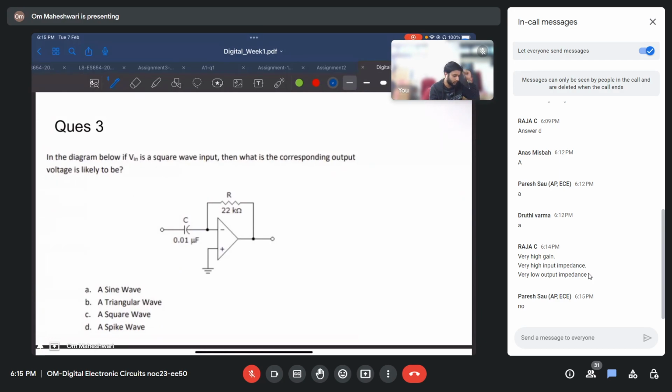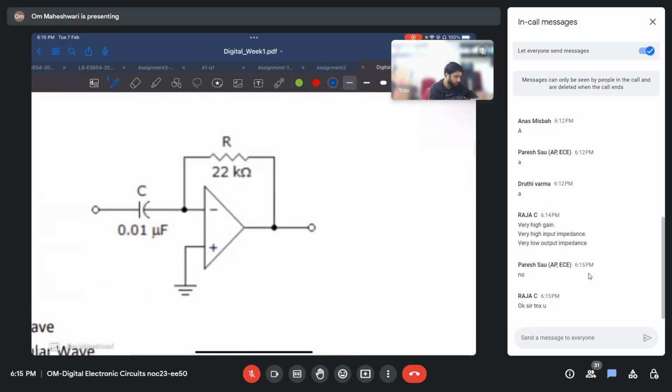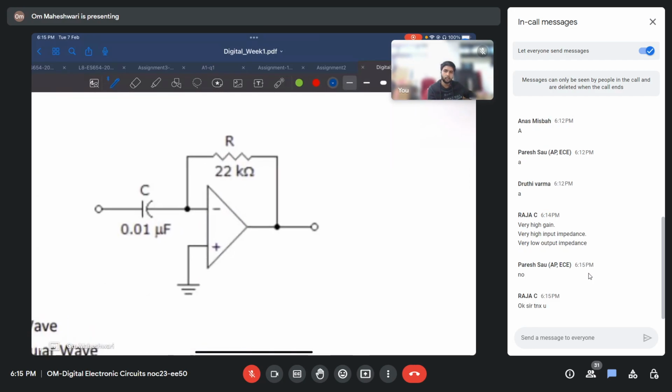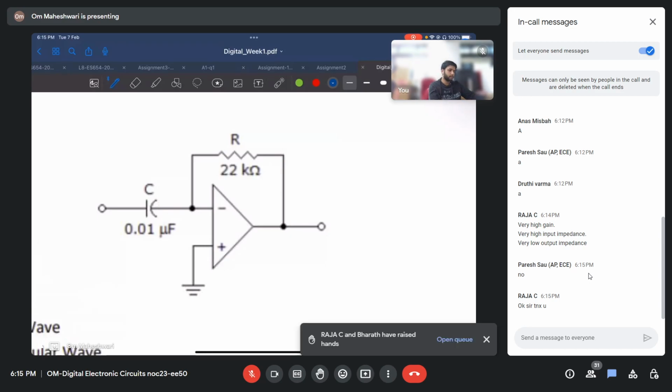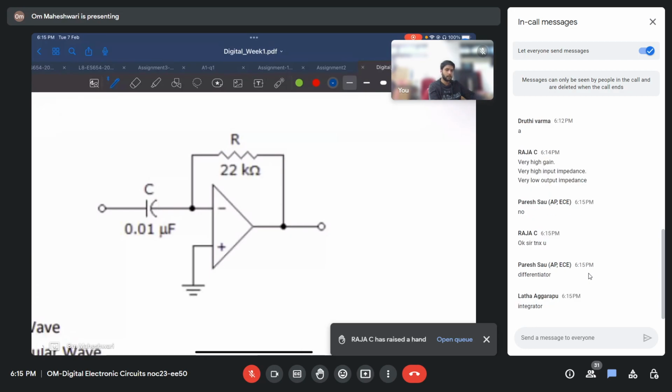Can anybody guess what circuit this is? You may have seen it earlier. Paresh says differentiator. Lata says integrator.